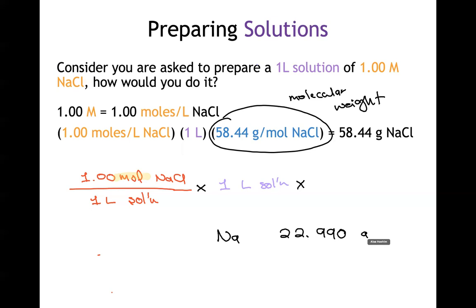Remember, it has units of atomic mass units, which is equivalent to grams per mole, right? What else do we have? We have 1 chlorine, right? And chlorine is in group 7A, and it's also in period 3 and has an atomic weight of 35.453.